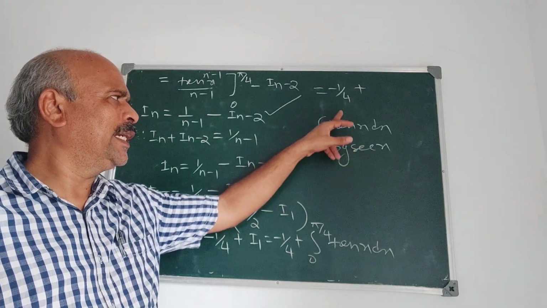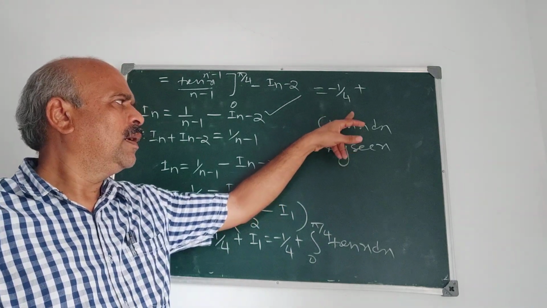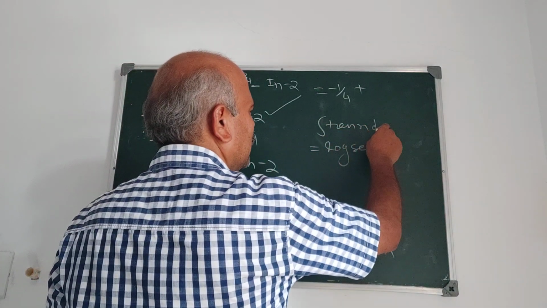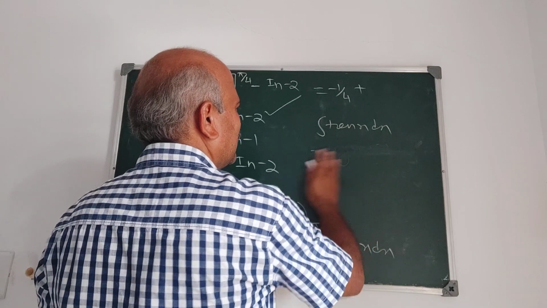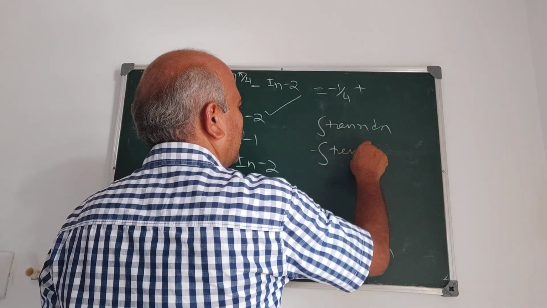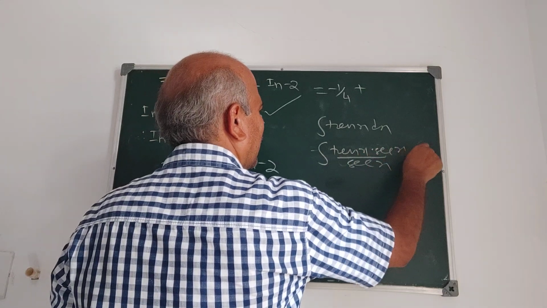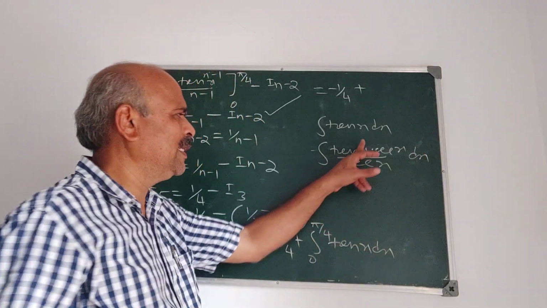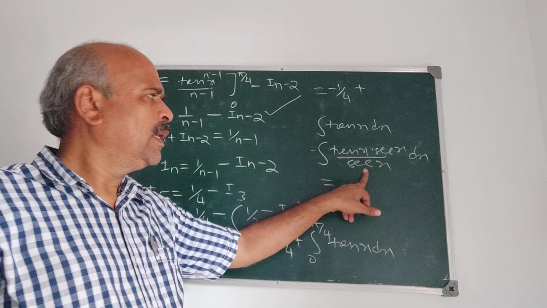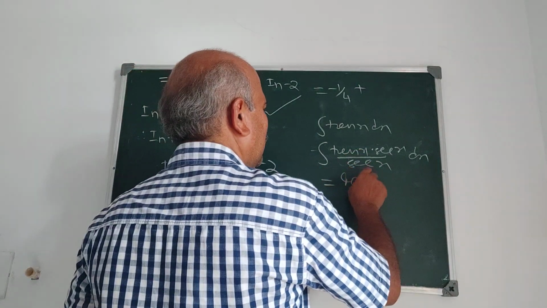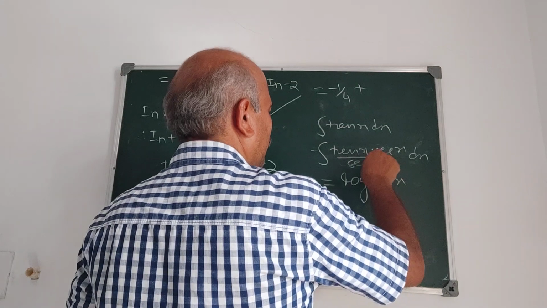Or how to evaluate this? Multiply and divide by sec x. Integral tan x is integral tan x into sec x upon sec x dx. And it is f dash x by f x form. If the numerator is exact differentiation of the denominator, what is the integration? Log of denominator.